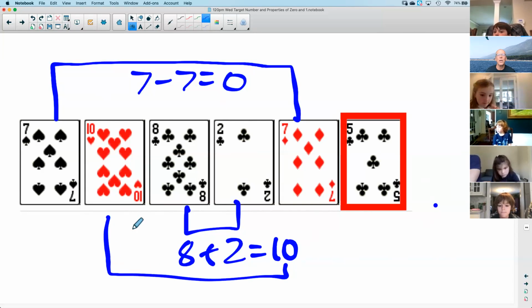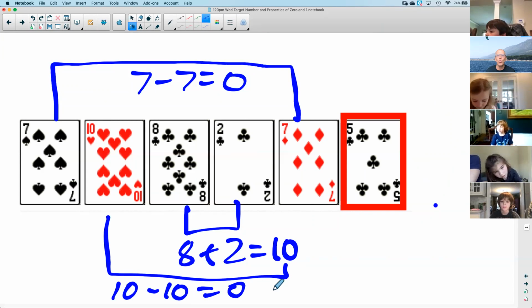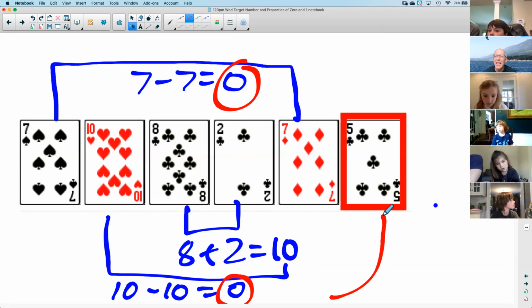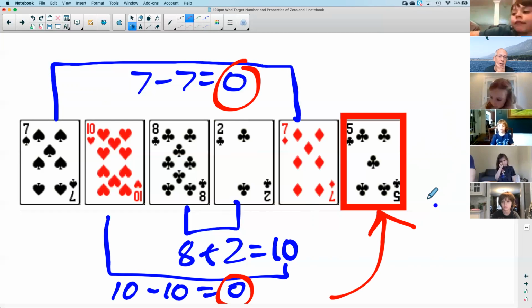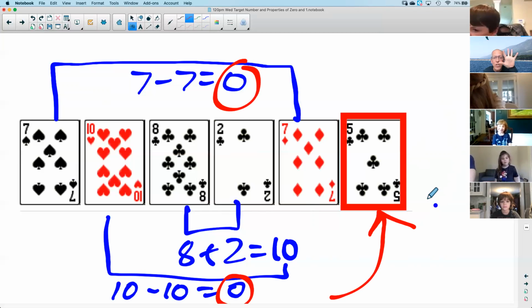I totally agree. But my friend, you have a bunch of zeros. You have a 0 here and a 0 here, but you need to get to what target number? 5. Now, Gabe, you just gave me an idea. The next time I teach this game, I might make the jokers actual zeros, because I don't really have a 0 here.